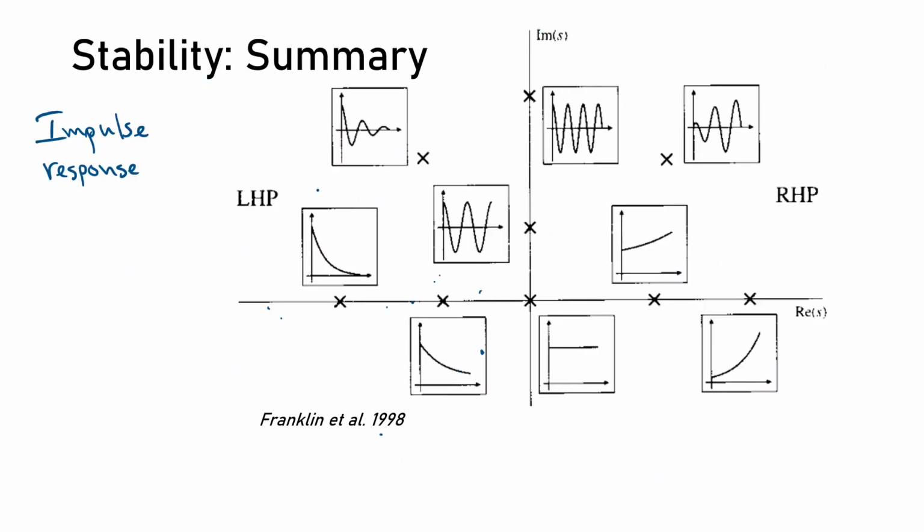So here is the summary, the shape of the curve or the motion of the output. If you inject an impulse input to the system, this is going to be the behavior of the system, if you find the location of the poles.